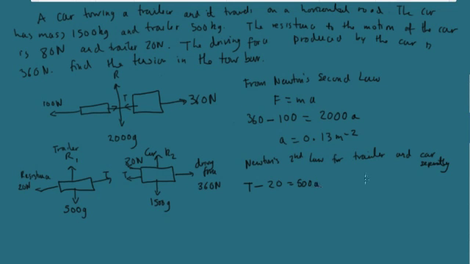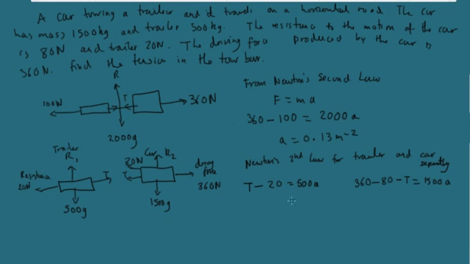And then for the car, we have the driving force, which is 360, then minus the 80 newtons for the resistance. Now this time T is opposite the direction it was for the trailer. It's in the same direction as the resistance, so it's going to be minus T, and that must be equal to the mass, which is 1500 times a.